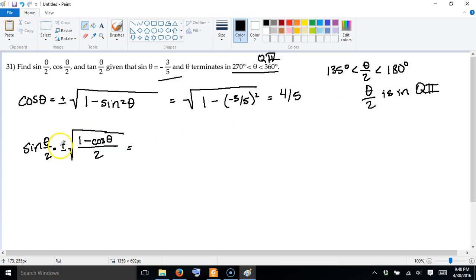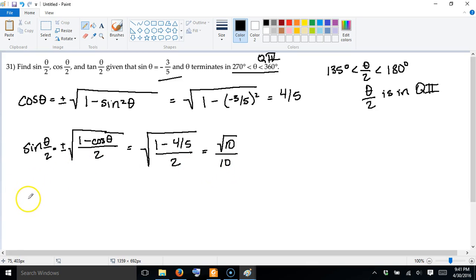So we're going to just keep the positive of this and say it's equal to the square root of 1 minus our cosine value that we found, 4/5, over 2. And now that is equal to the square root of 1 over 10, which, rationalized, is square root of 10 over 10. And we're done with that one.